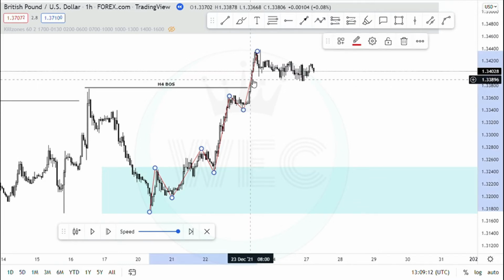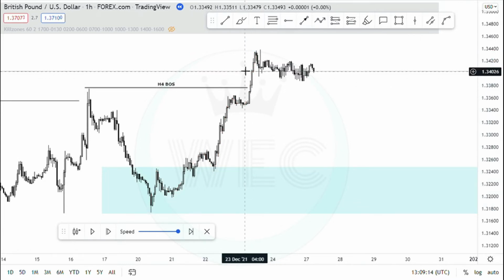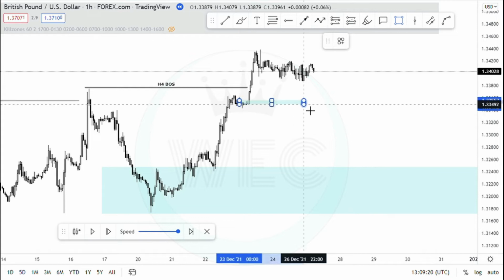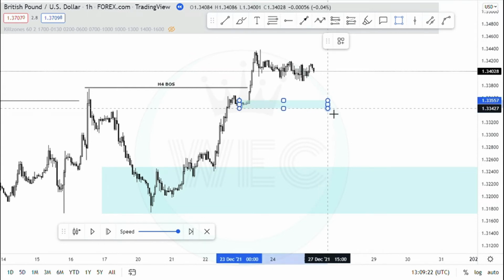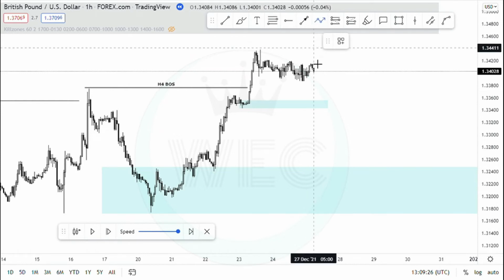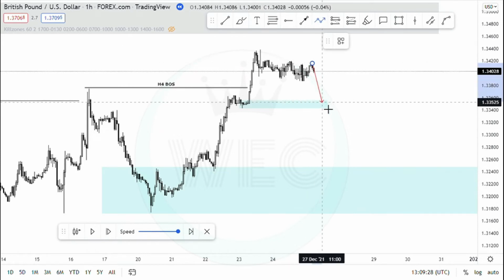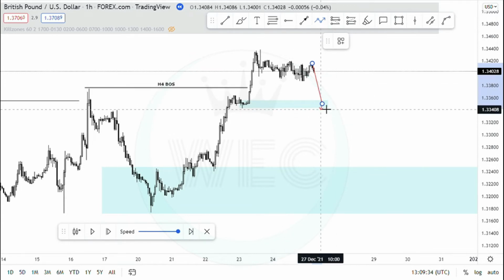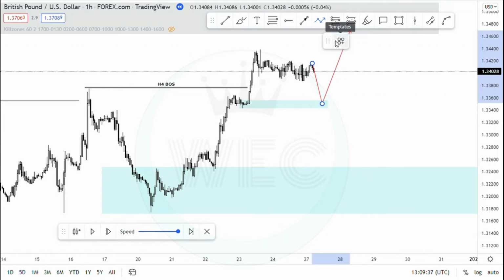And how do I tell the price is saying I want to begin that H4 retracement? We need to see this H1 level of demand breached. If this H1 level of demand is not breached, we can't be looking for that H4 retracement leg to begin. If this level holds, H1 is going to buy as well.